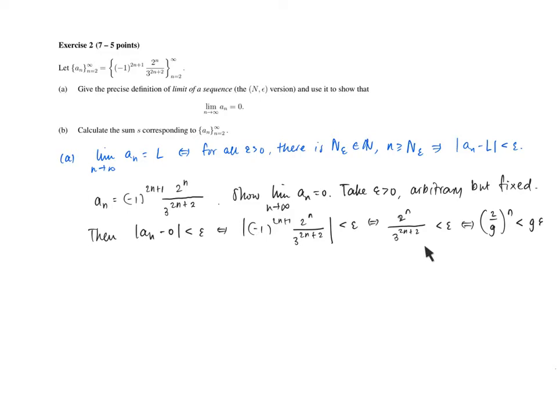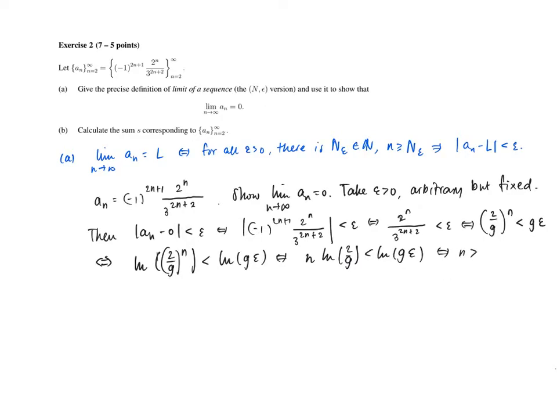So if we multiply left and right with 9, then we get 9 epsilon. Now we can get rid of the n as a power by taking logarithms to the left and the right, which leaves us with an equivalent sign here. So now we get n times the log of 2 over 9 should be smaller than the log of 9 epsilon.